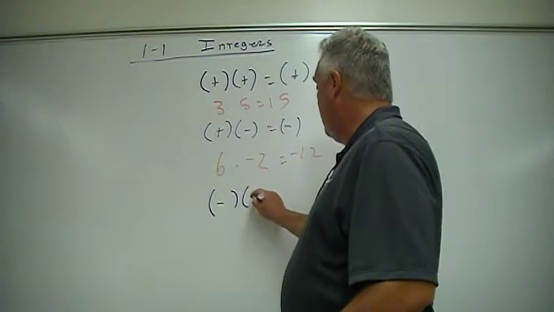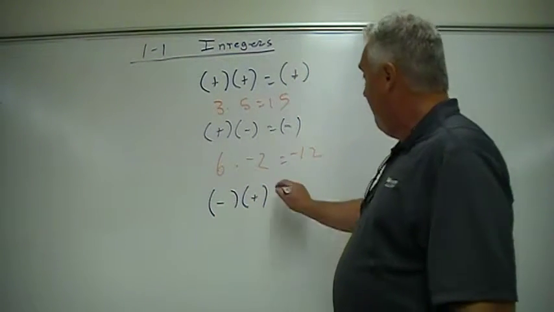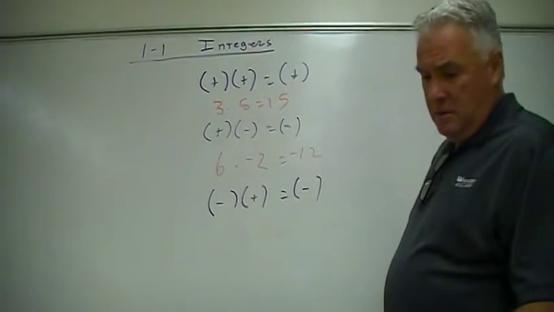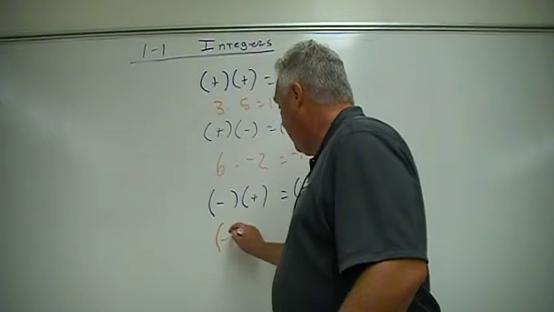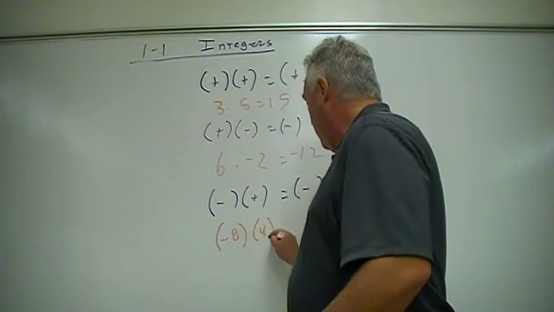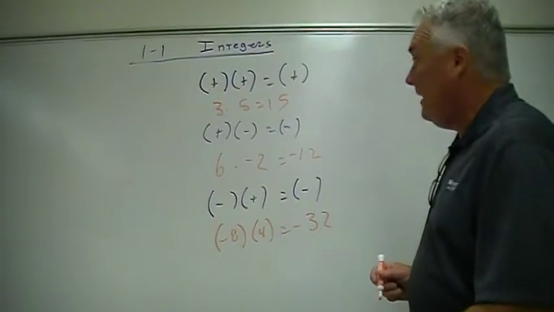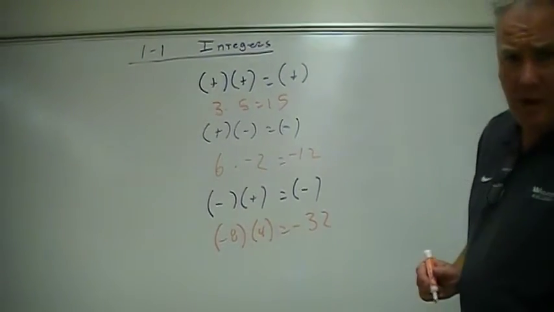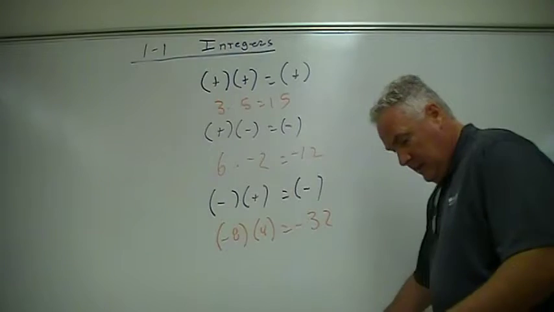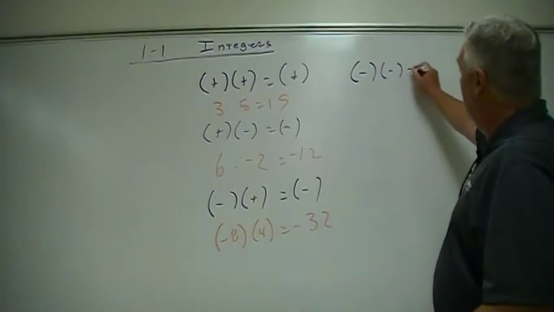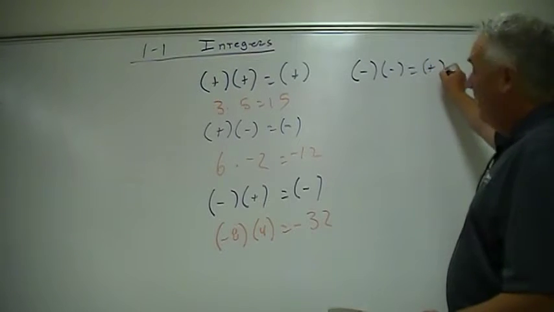Negative times positive equals negative. I have negative 8 times 4 equals negative 32. Okay? And the last one that I want to put up, I'll do it over here, is negative times negative equals positive.